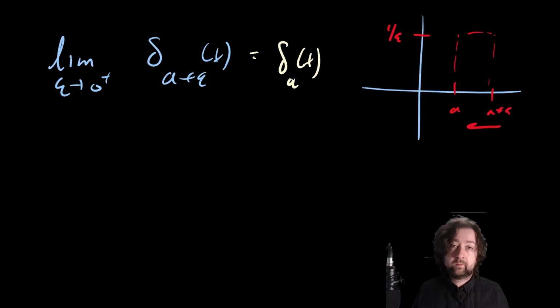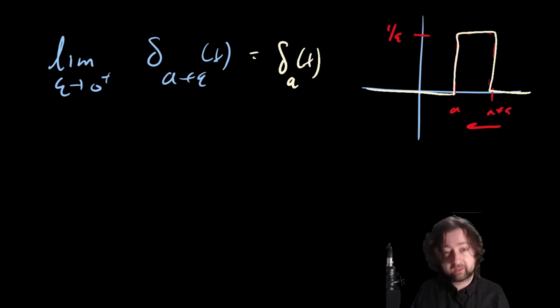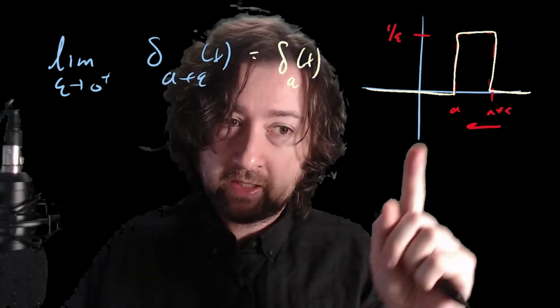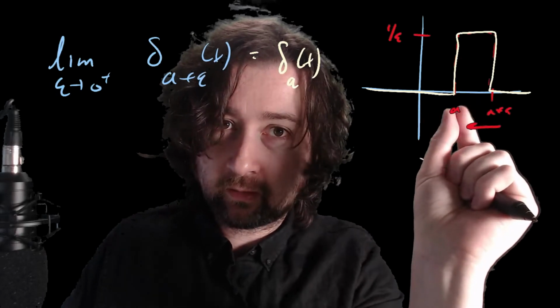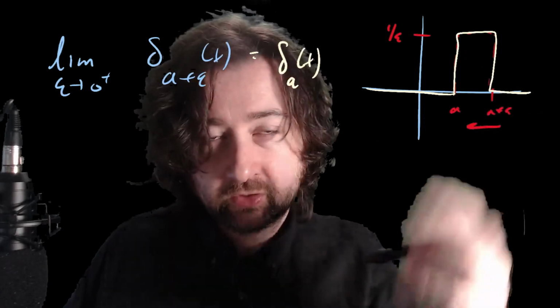of t. What properties does delta a of t have as a limit? Well, it's pretty clear that for every other value of t except for a, this limit is 0, because this function is going up, popping back down again. As epsilon goes to 0, and this interval gets narrower and narrower, there's fewer and fewer places where this function goes up.